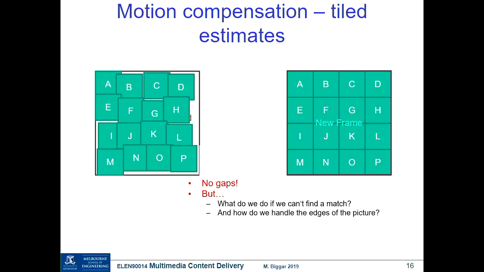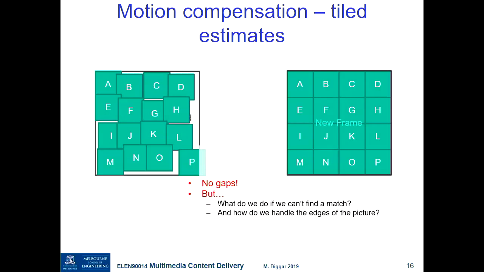But there is the question about what we do if we can't find a match, or how do we handle the edges of the picture, for instance. So there are a couple of things we can do. Because of the particular motion that occurs in this lower right part of the picture, our ideal match might be a block that's offset right outside the frame.